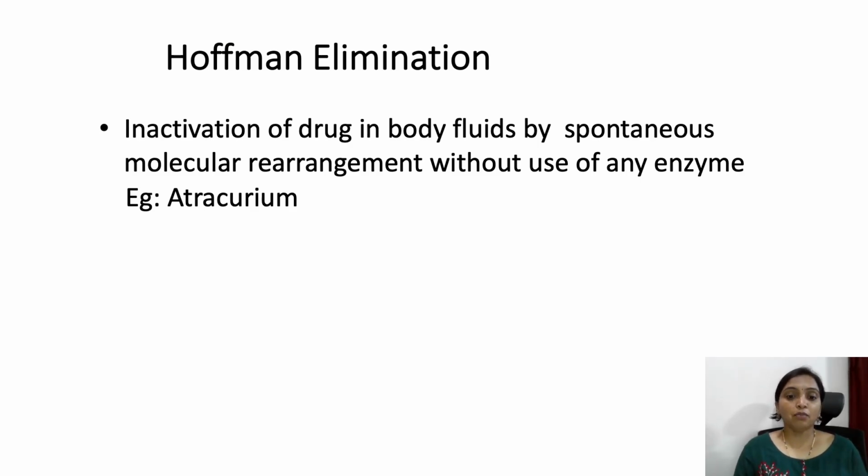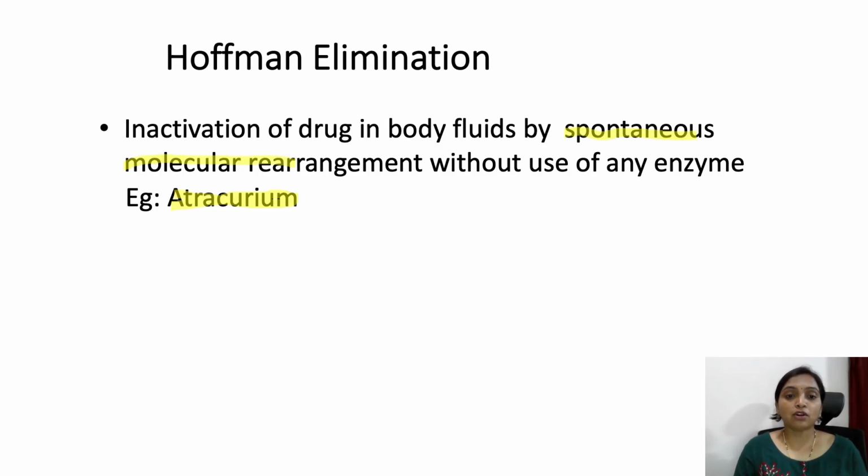So the next important thing which we are seeing here is something called Hofmann's elimination. So Hofmann's elimination is a unique type of metabolism of atracurium. Okay, what happens here is this drug, atracurium, gets inactivated in the body fluids by spontaneous molecular rearrangement.